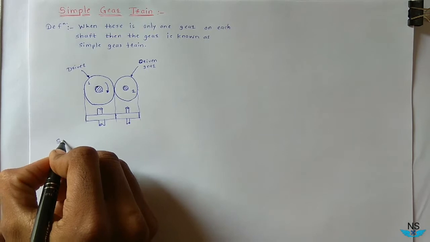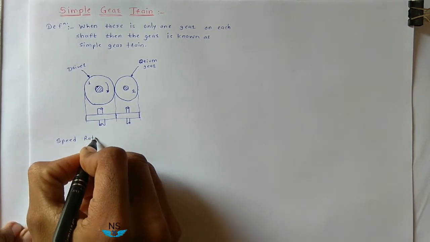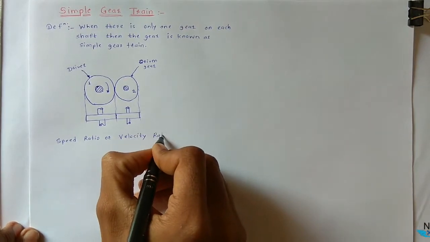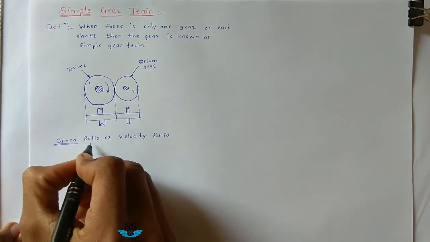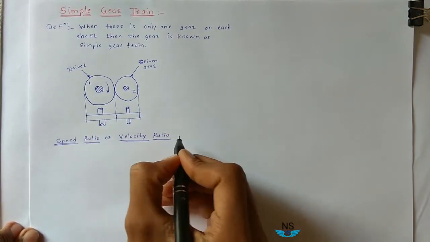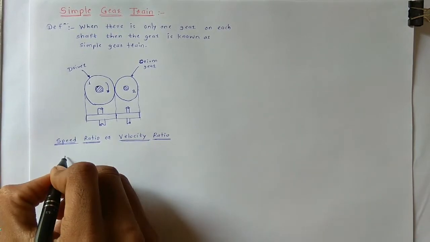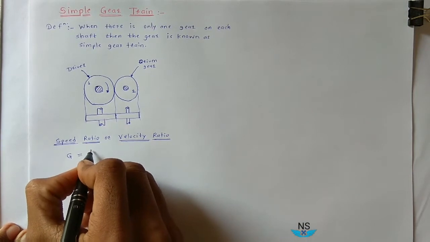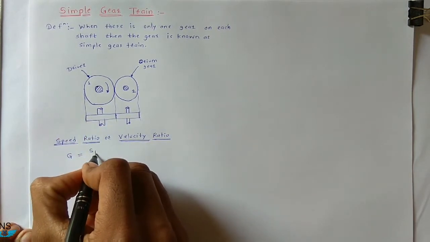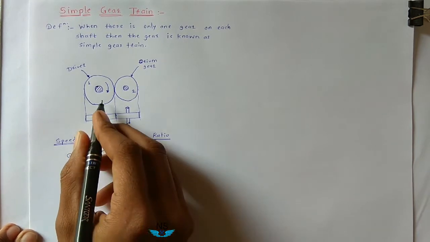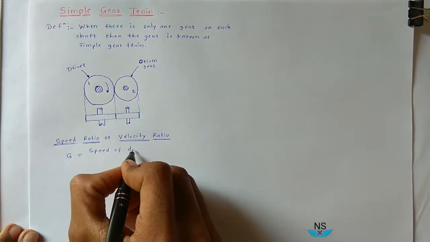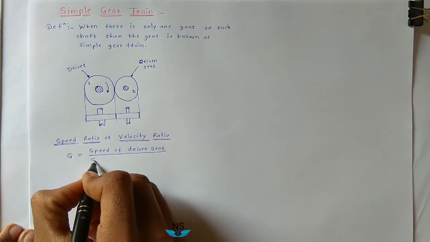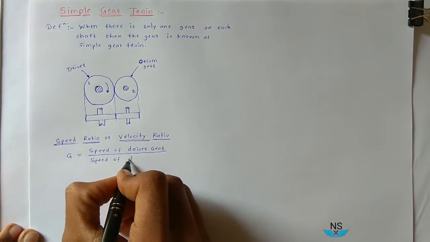Now its speed ratio or velocity ratio. Speed ratio or velocity ratio of this gear train is denoted by G. So G is the ratio of the speed of the driver gear to the speed of the driven gear.